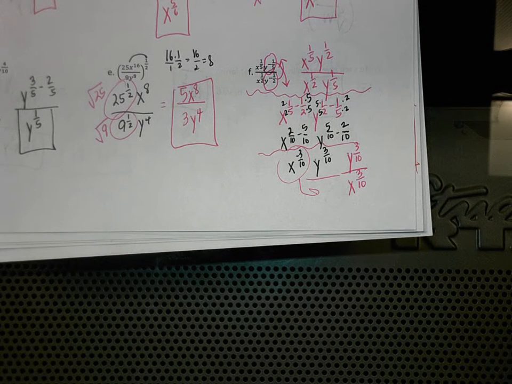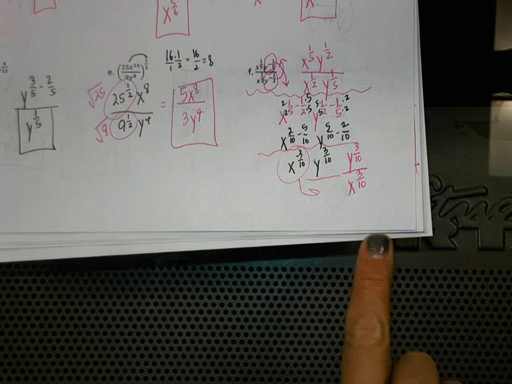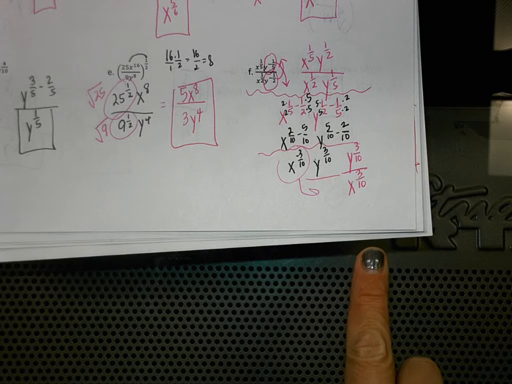This is not an okay answer. Does anybody know why? Because they both 3/10. You can have a fraction as an answer, but what does 3/10 represent? X to the third power root 10. Yeah, and can we have roots in the denominator?